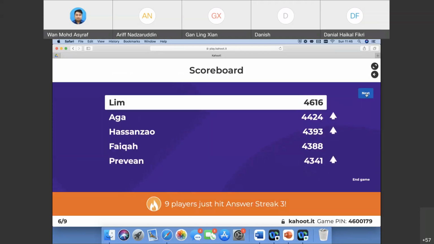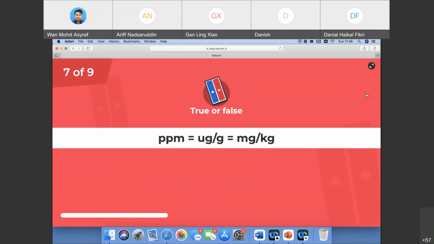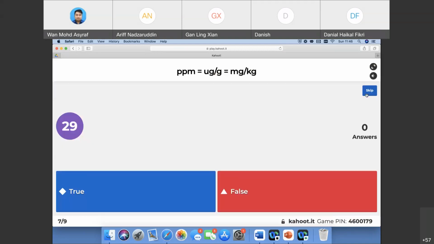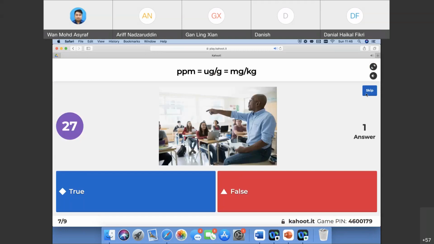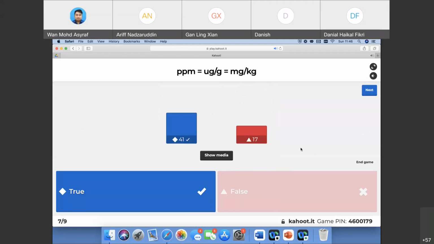Alright, so next question. True or false? ppm is equal to microgram per gram equal to milligram per kilo. Betul ke? Alright, so it's true, 41.